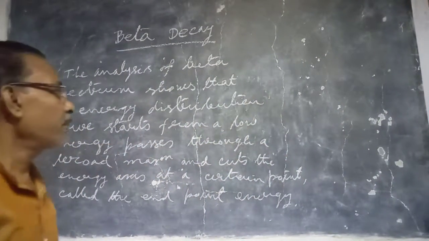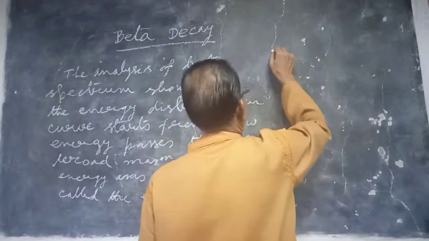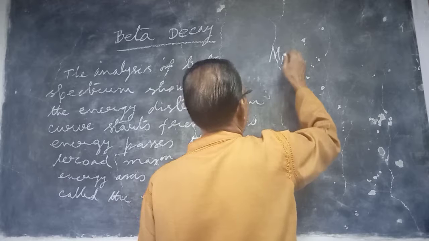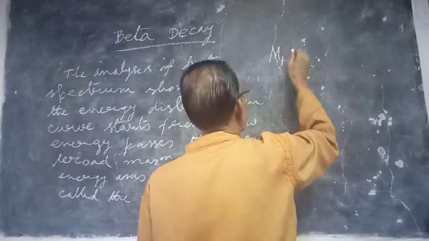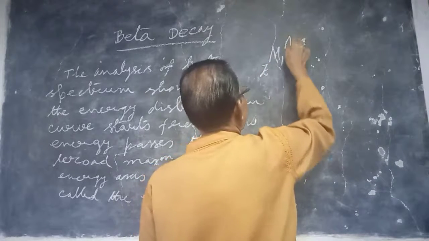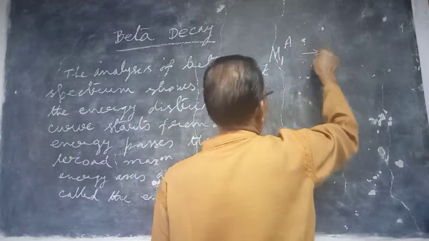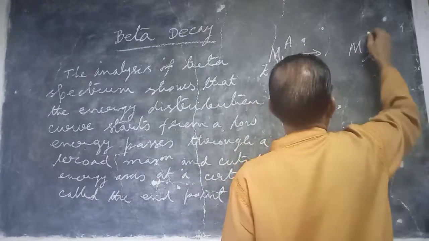Now, if the mass of the parent nucleus is, say, M1, with Z and A, it goes to M2.